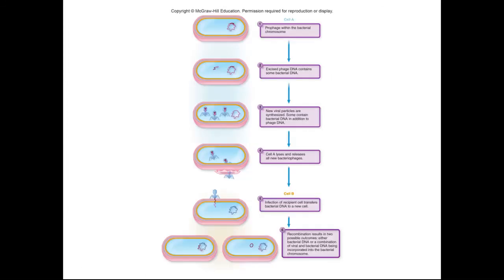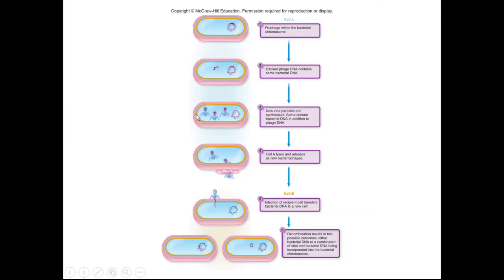So here is our host cell. It has some dark purple bacteriophage DNA mixed in with it. That bacteriophage DNA gets excised from the host nucleoid region containing its chromosome, and it carries a little bit of the host bacterium DNA with it.